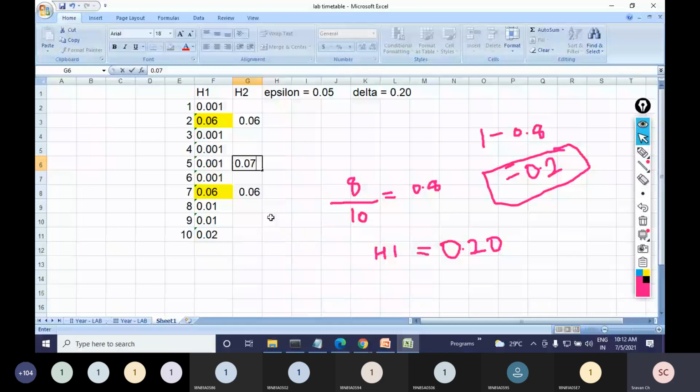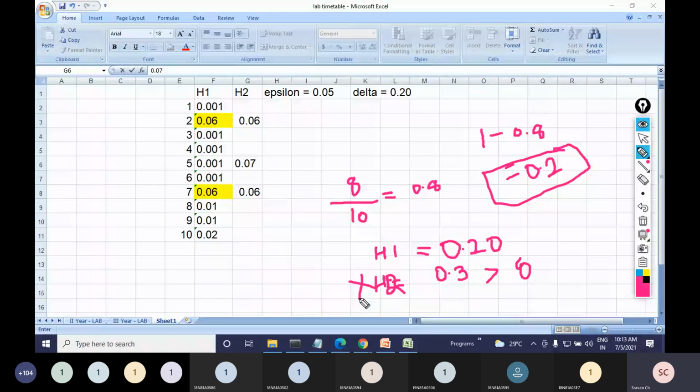So for H2, what is happening is I am getting 0.3. This 0.3 is greater than delta. So second hypothesis H2 cannot be accepted, or you can say second hypothesis H2 should not be selected.